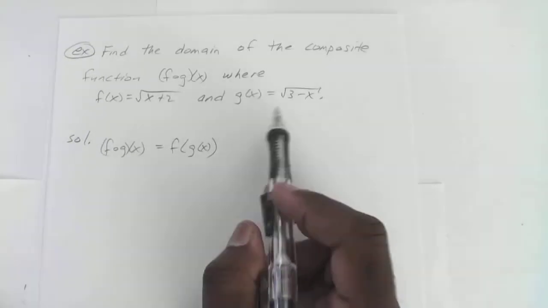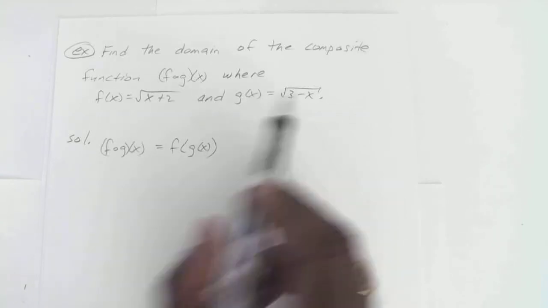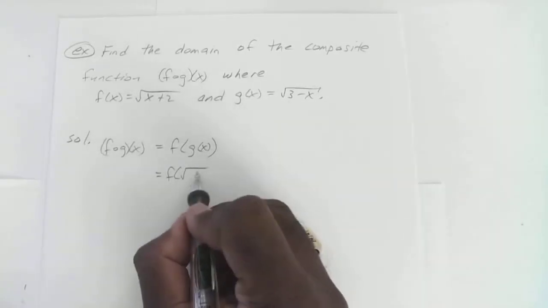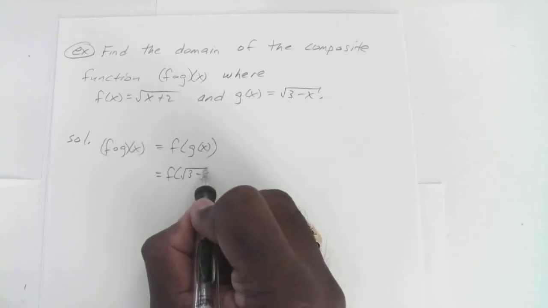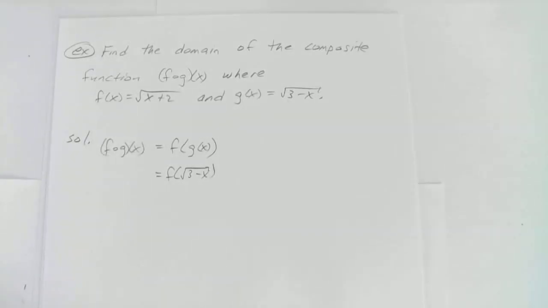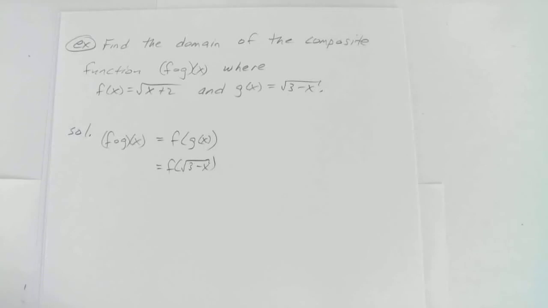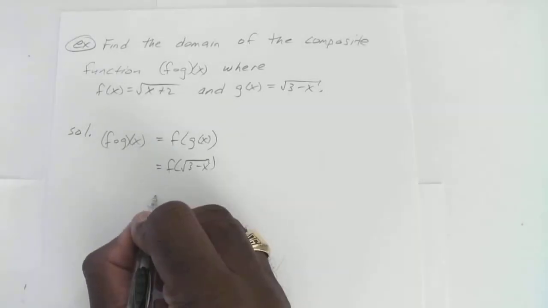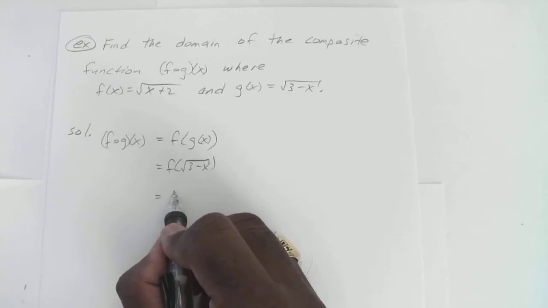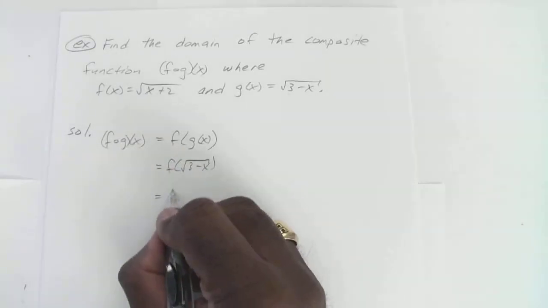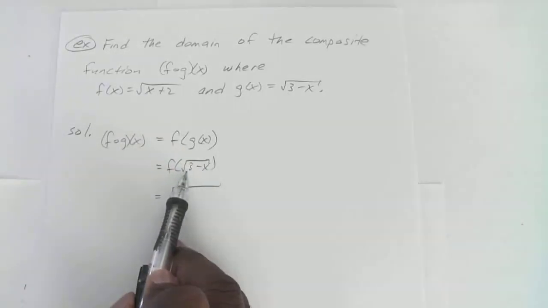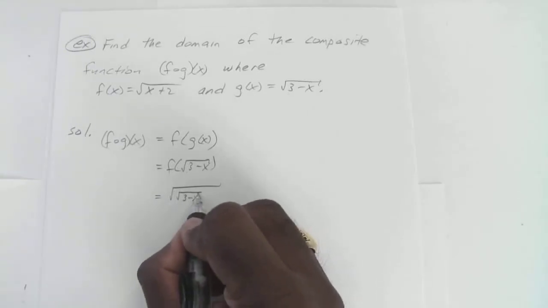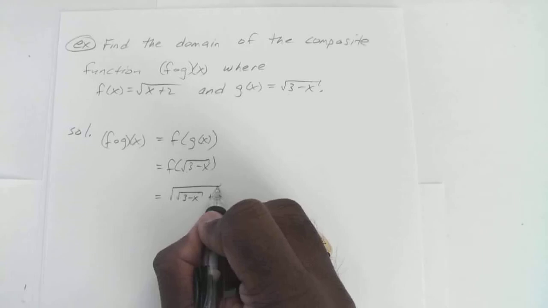We know that our g of x is square root of 3 minus x, so that's going to be f of square root of 3 minus x. Okay. So f of x is square root of x plus 2, and that means you replace every x with square root of 3 minus x, plus 2.